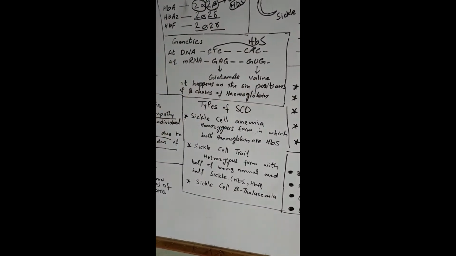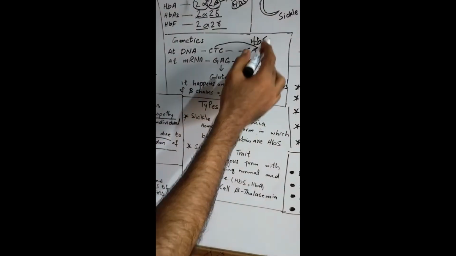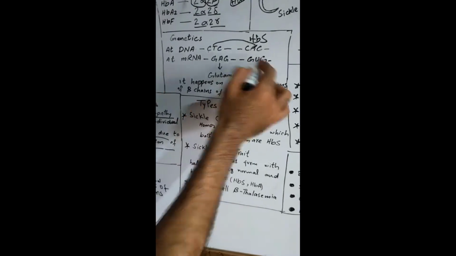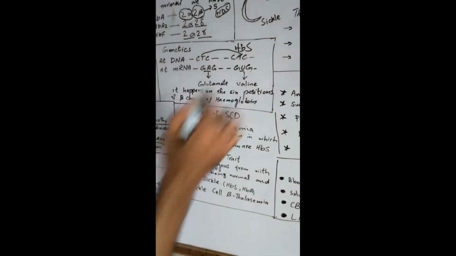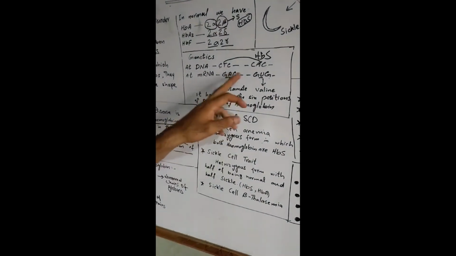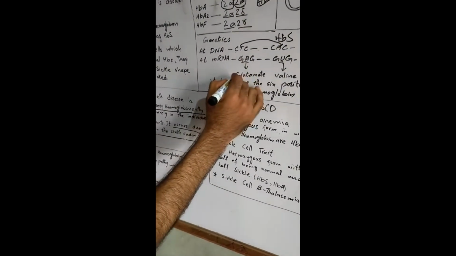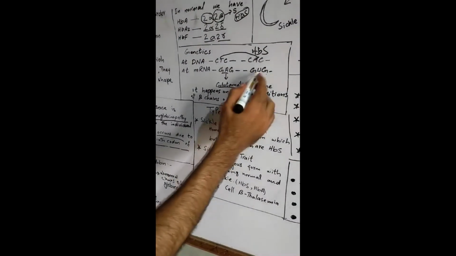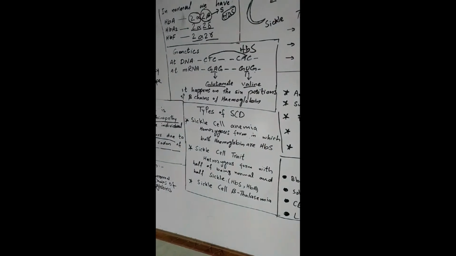At the messenger RNA level, there will be the sequence GAG and the abnormal sequence GUG. There will be a point mutation here, a replacement of adenine with uracil. So GAG codes for the amino acid glutamate, but GUG in the abnormal condition codes for the amino acid valine.